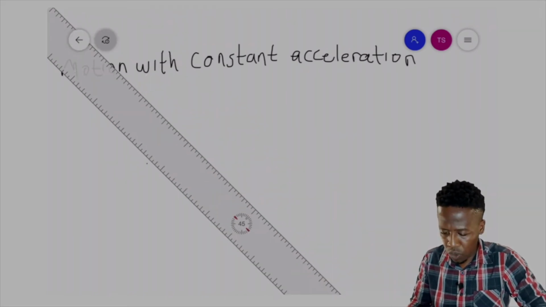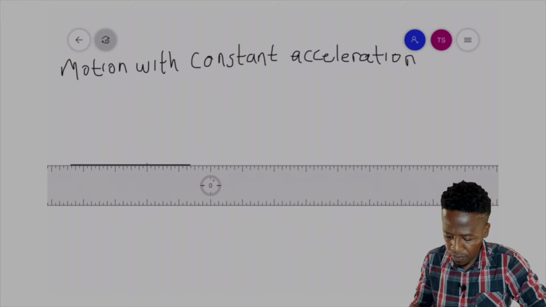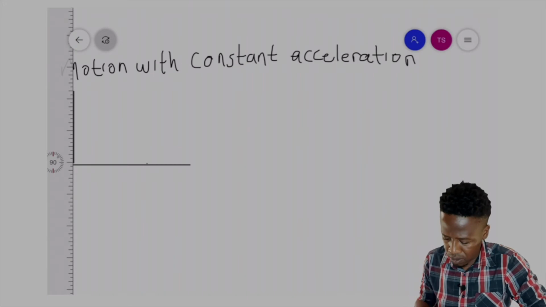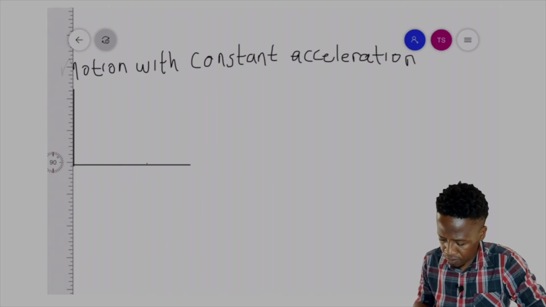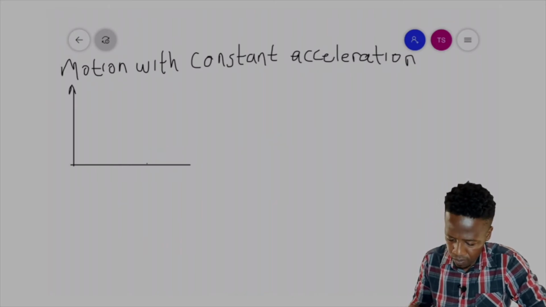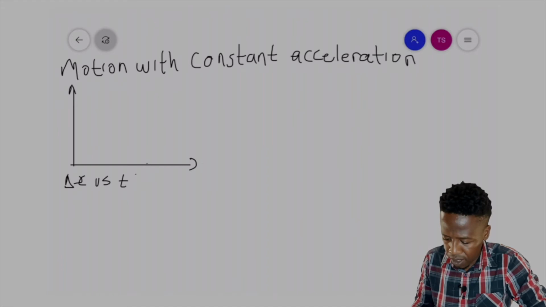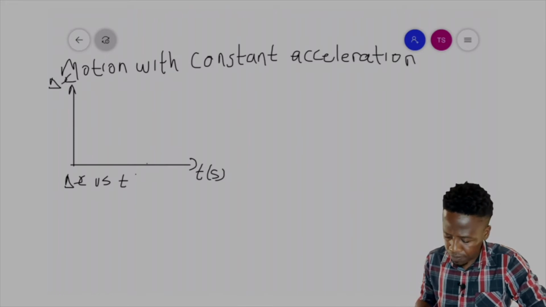So in this case, we will have this sort of graph. Now this one is going to be position versus time, and remember again, this is time in seconds, and then this is our position, right?